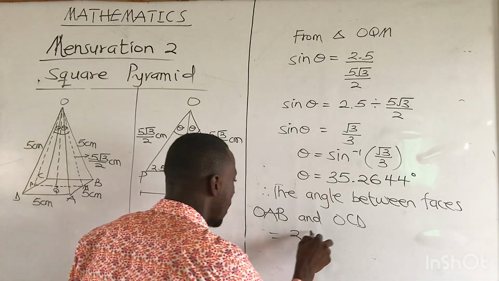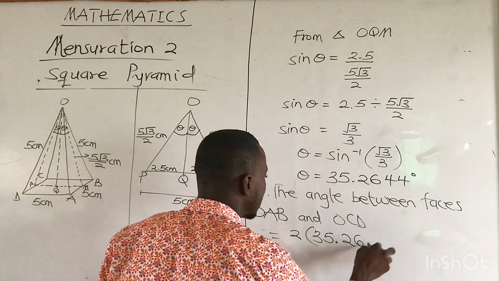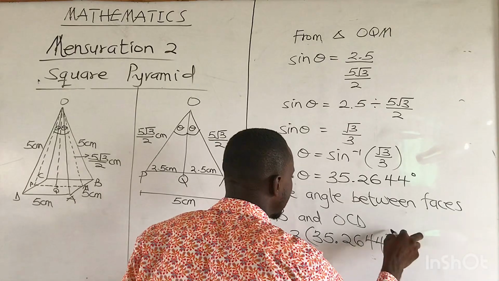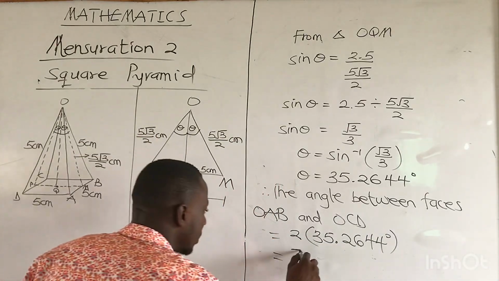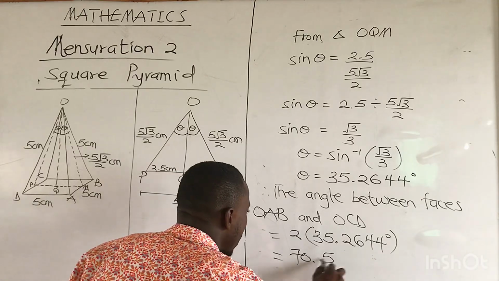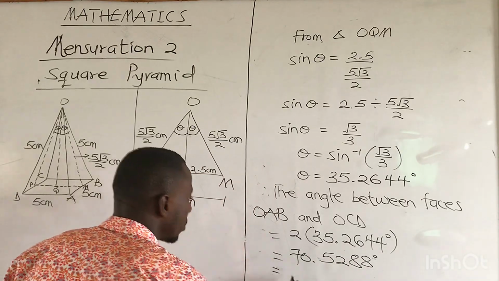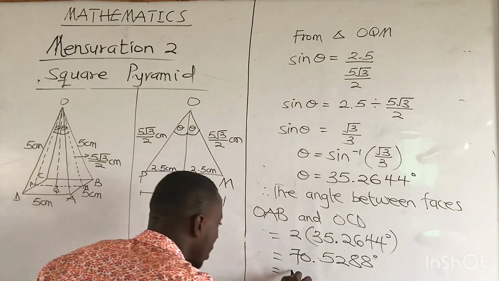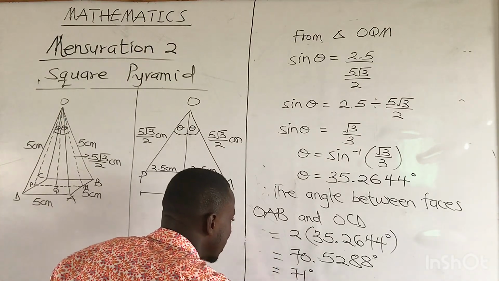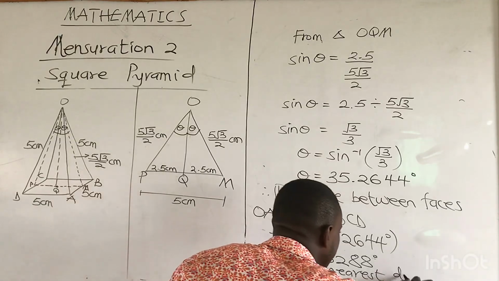So 2 multiplying 35.2644 degrees, we get 70.5288 degrees. So if you are to correct to the nearest degree, we have 71 degrees.